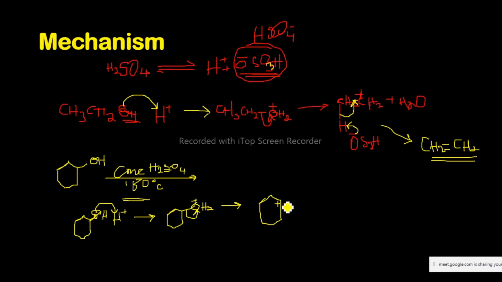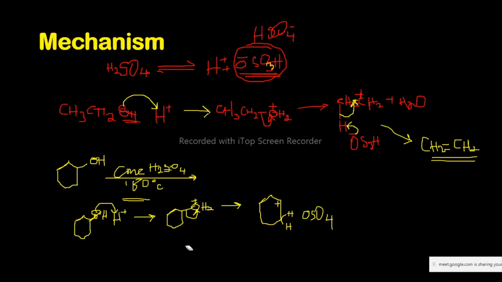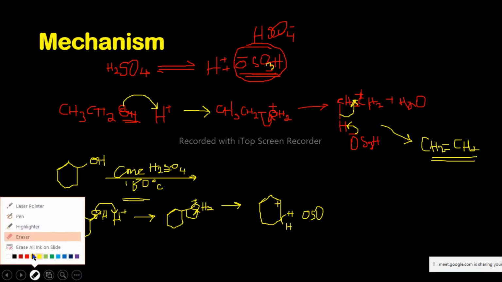Now after this, obviously we have this one. It is the same as writing this, the hydrogen here and the hydrogen here. So this is the same thing. Now the hydrogen sulfate ion, and this is a 3.